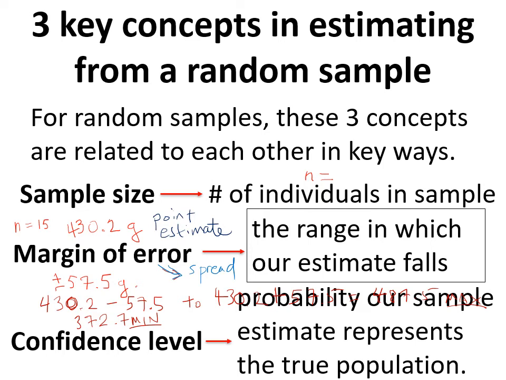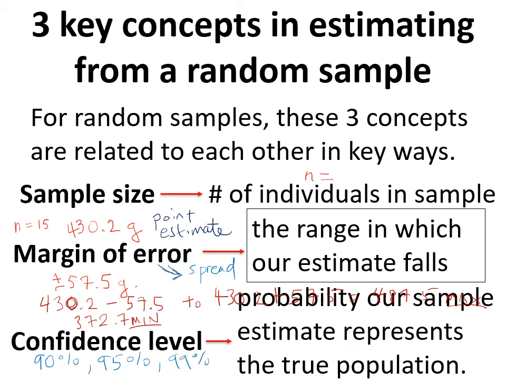And so confidence levels tend to be set at 90% or 0.9, 95%, or 99%, which are pretty common ones.